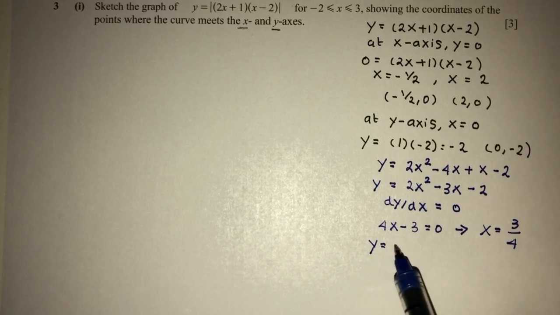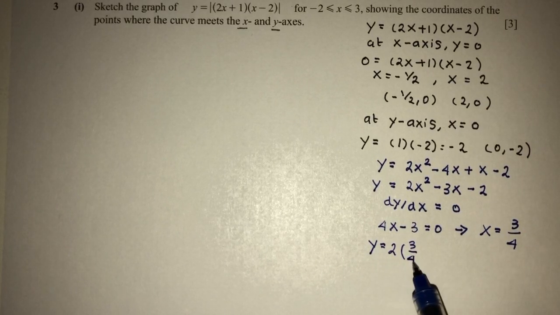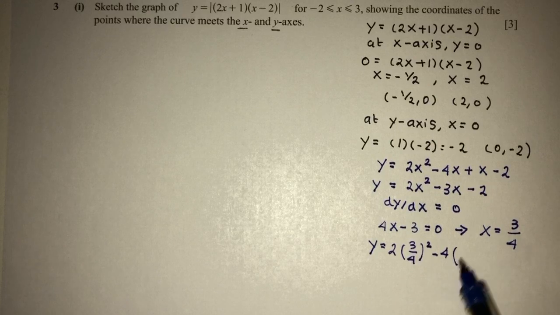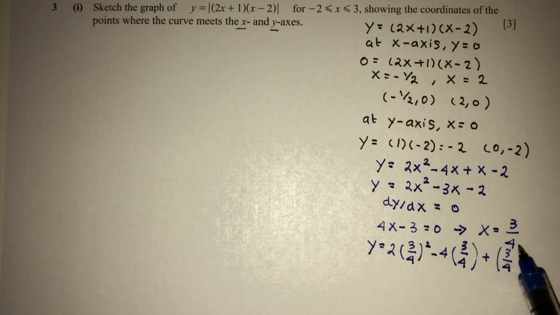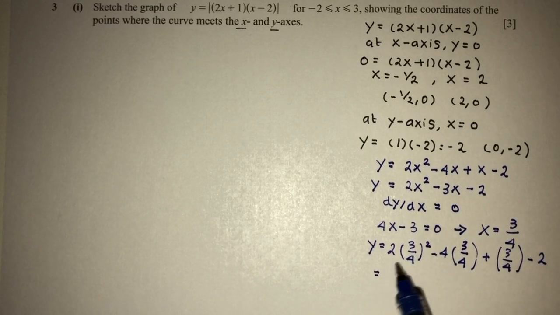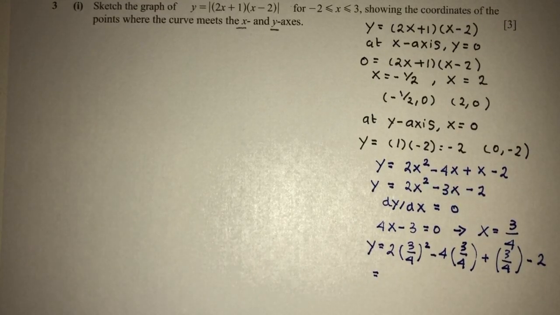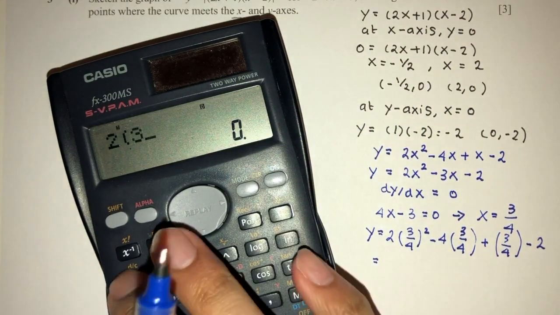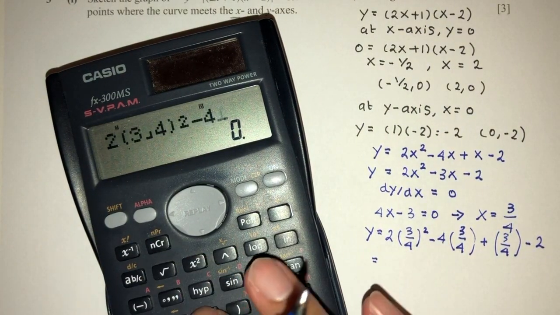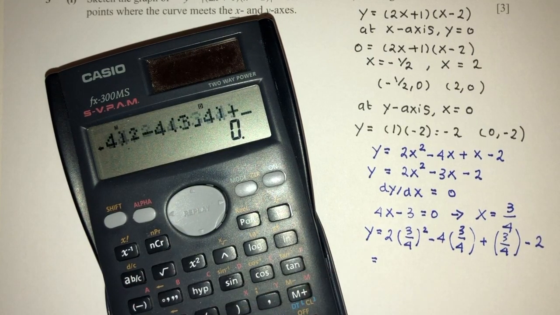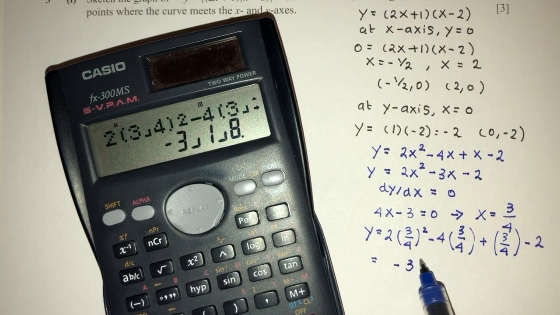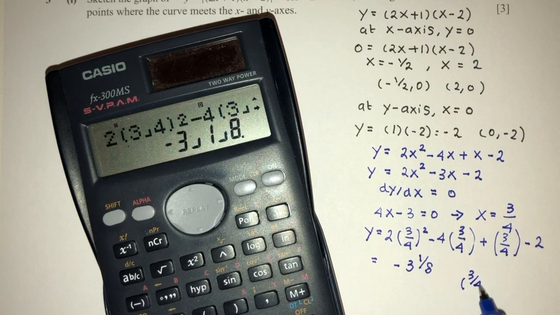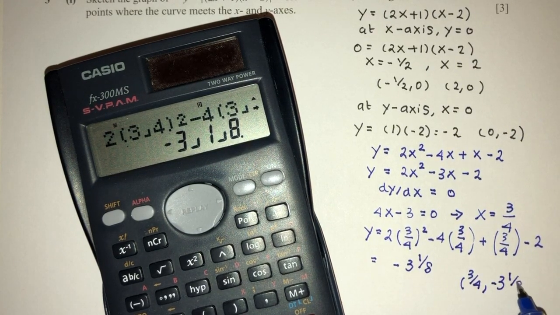So y will be 2(3/4)^2 minus 4 times 3/4 plus 3/4 minus 2. That will be minus 3 1/8. So the minimum point will be (3/4, -3 1/8).